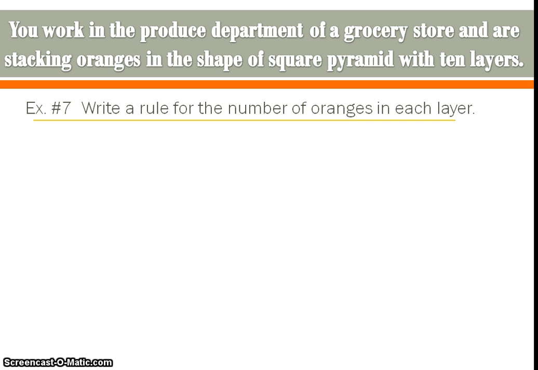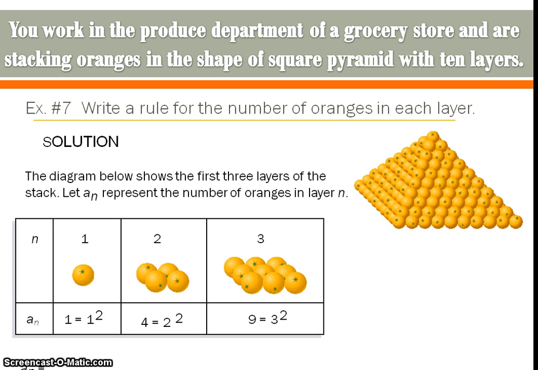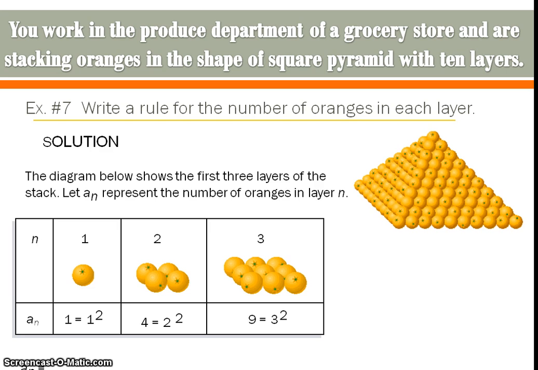Okay, so here we're going to write a rule for the number of oranges in each layer. Okay, so we have our diagram. We have our first row, there's 1 orange. And then in our second row, we have a 2 by 2 square, so we have 4.